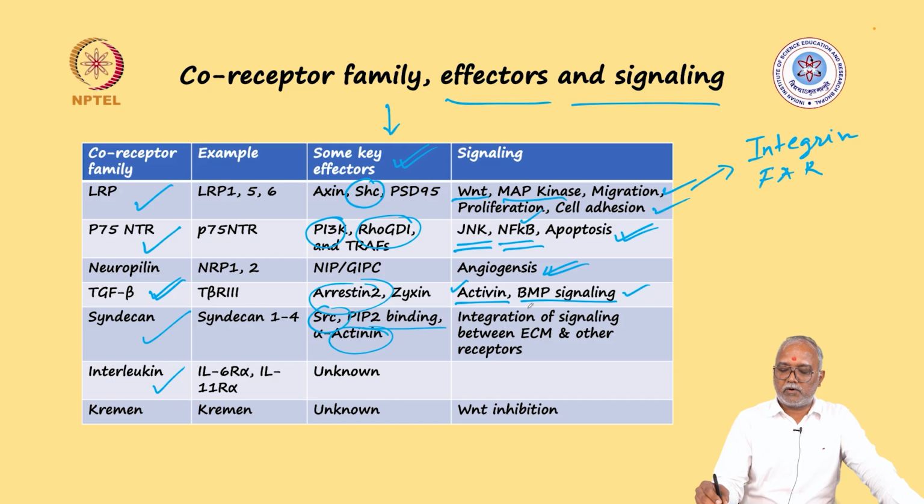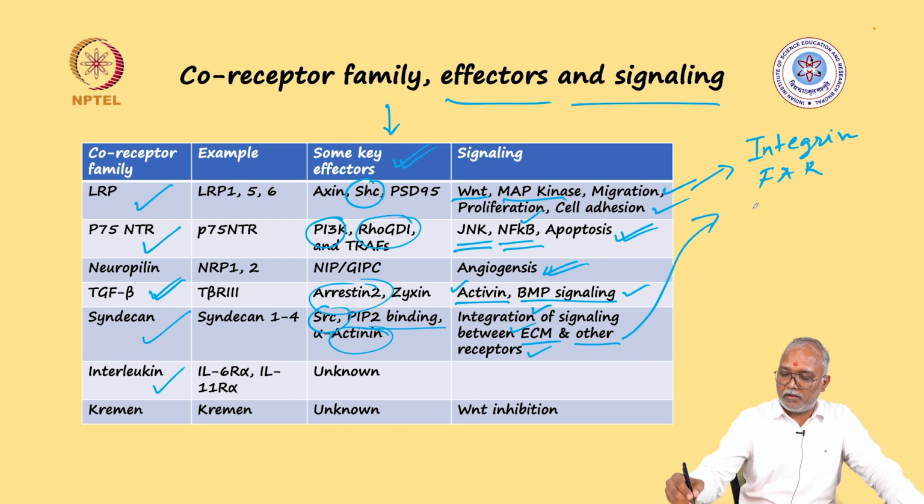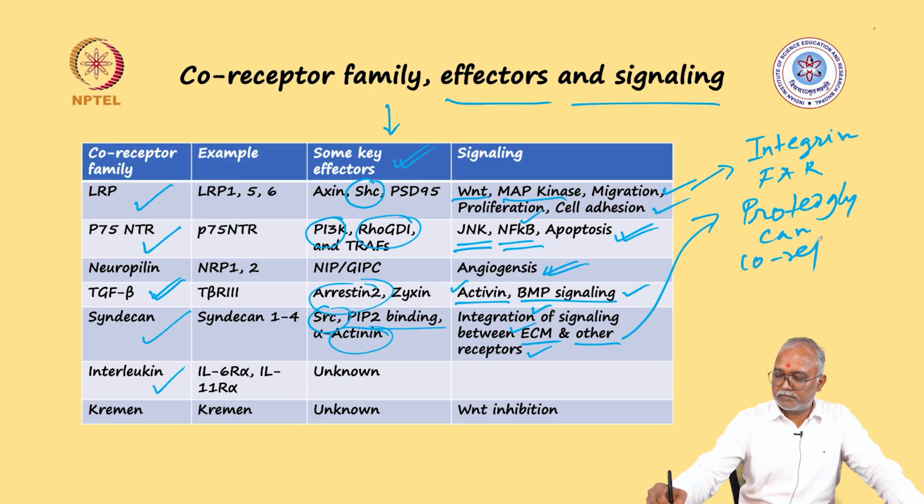Further, there are molecules which help in integrating the signal from the extracellular matrix and the other receptors. So you can consider that this class of co-receptors, when they are integrating the signaling between ECM and other receptors, might be in the class of proteoglycan co-receptors.